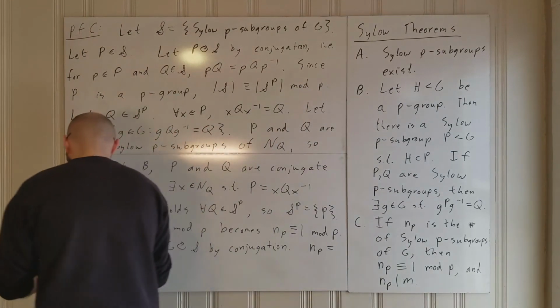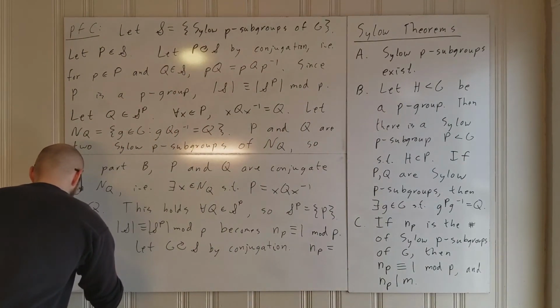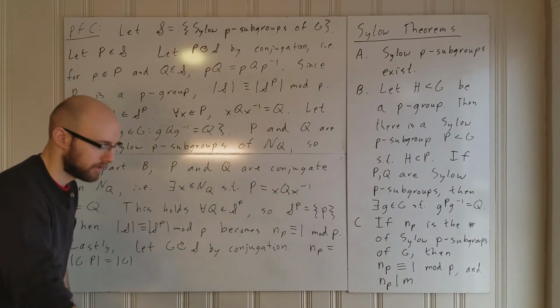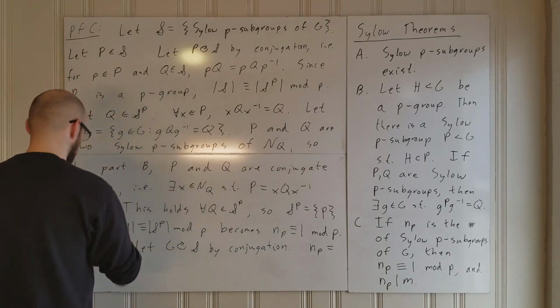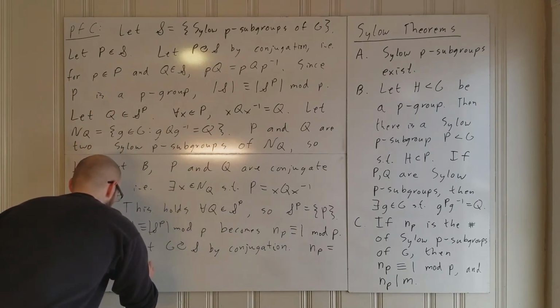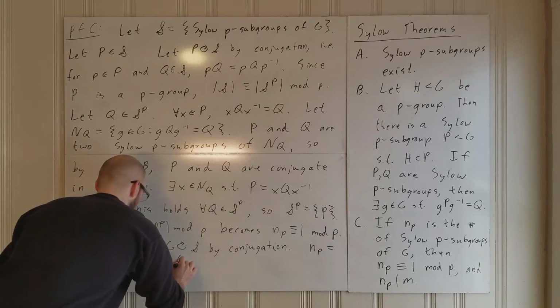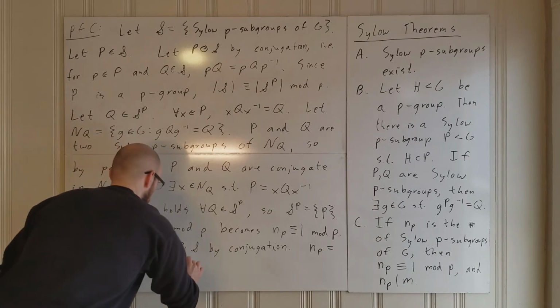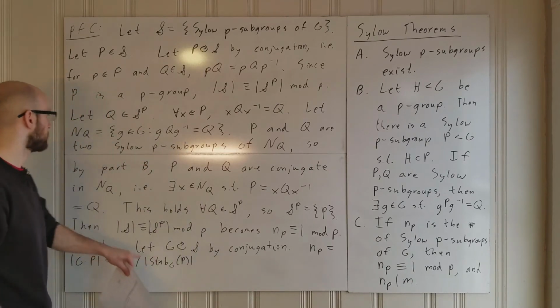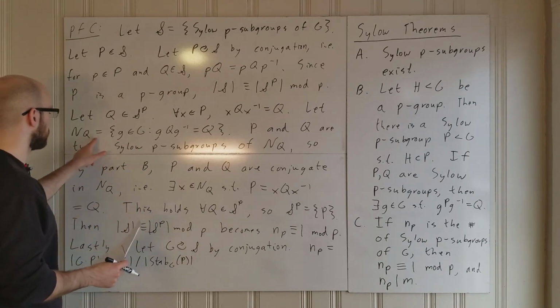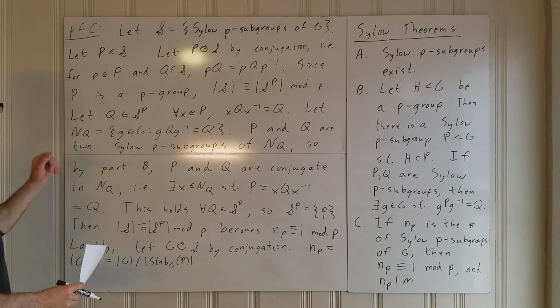So by orbit stabilizer, the size of G is equal to the size of the orbit under an element X times the size of the stabilizer of the element X. So this is equal to the size of G divided by the size of the stabilizer in G of P, right? And in fact, this stabilizer is just the normalizer of P. Wait, let's see here.